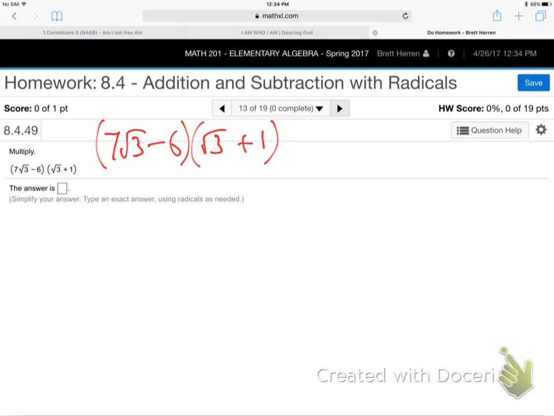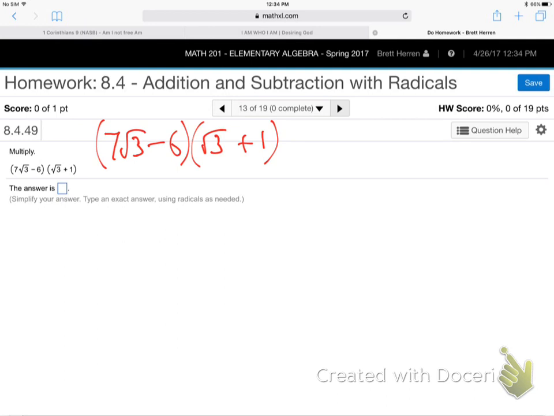I think it's 7 times this. Oh, no, they're together. So it should be 7 root 3. Yeah, 7 root 3 is one term. It's going to be 21.